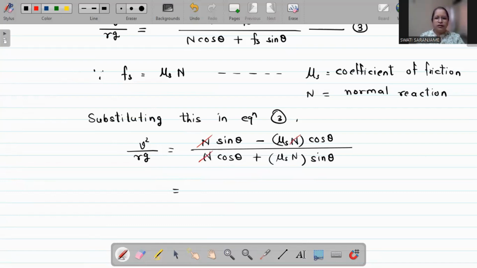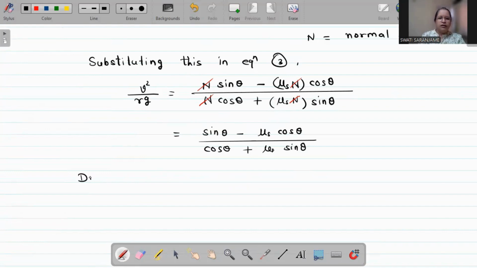It remains only sine theta minus mu s cos theta divided by cos theta plus mu s sine theta. Now what we do is divide the numerator and denominator.